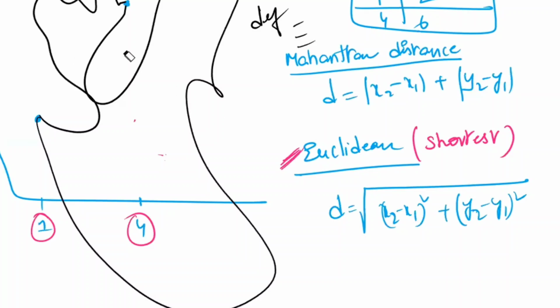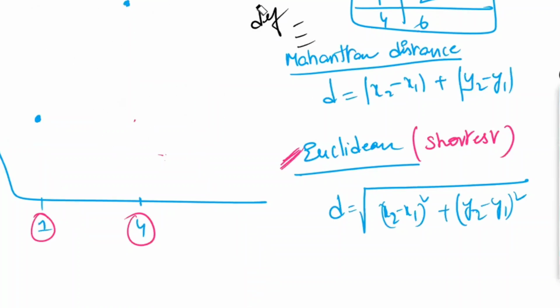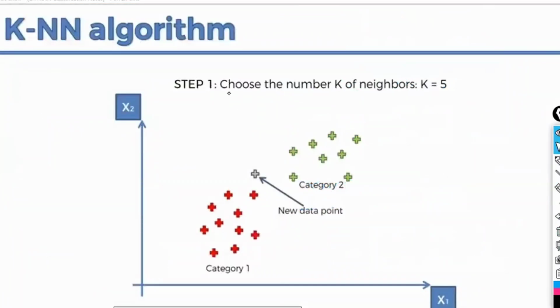Now, whether it is Manhattan or Euclidean distance, based on the distance formula we are going to calculate. Here, step number 1 is to choose the number of k neighbors. I am using 5. For this data point, this is the test data, it is identifying the 5 nearest data points. First, assume this is one of the data points.